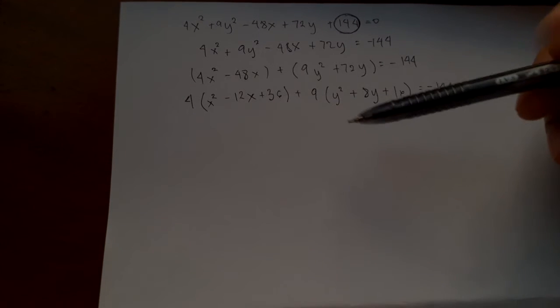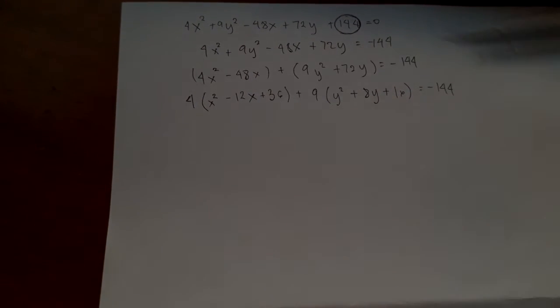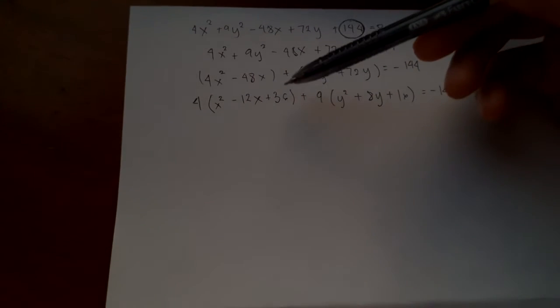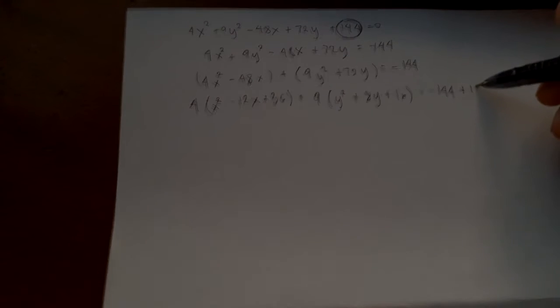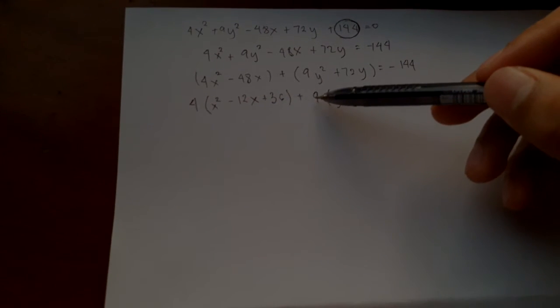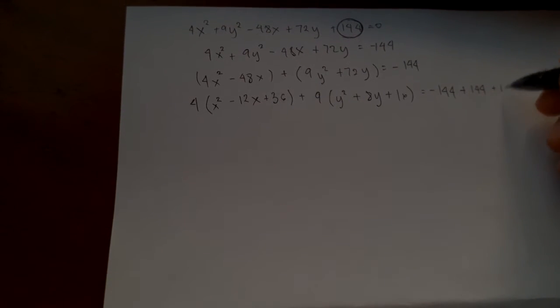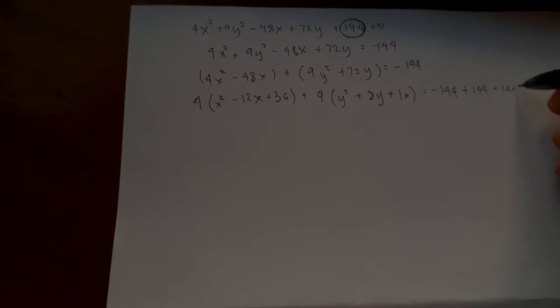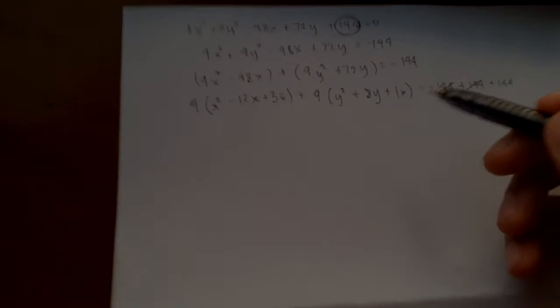When we complete the square, we have to add what we add here to the other side too. So it would be 36 multiplied by 4. It would be 144. Then the other one, 16 multiplied by 9, is also 144. So that these two would be cancelled out.